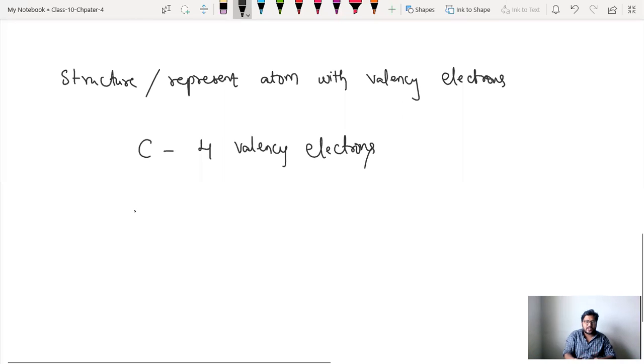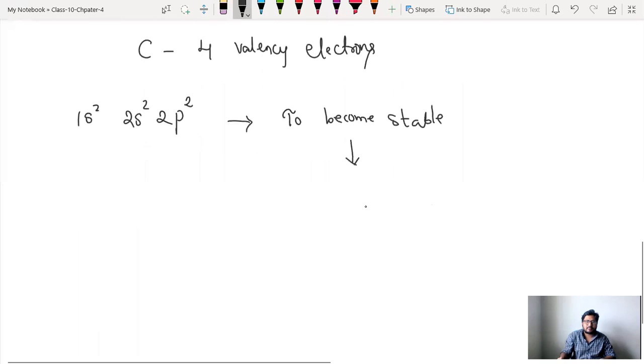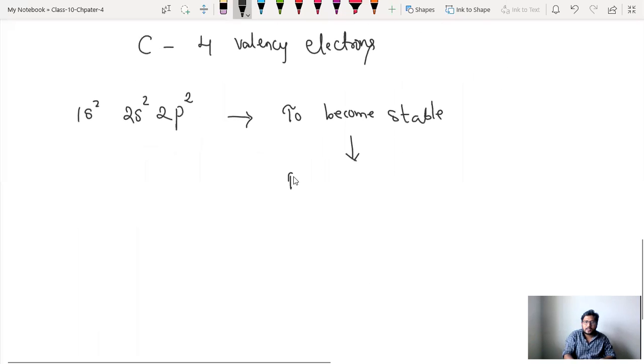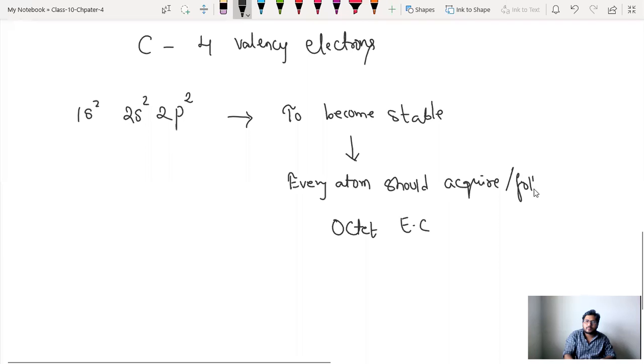Now, once if you observe its electronic configuration, it is 1s2, 2s2, 2p2, isn't it? Now, to become stable, every atom should acquire octet electronic configuration or should follow octet rule.